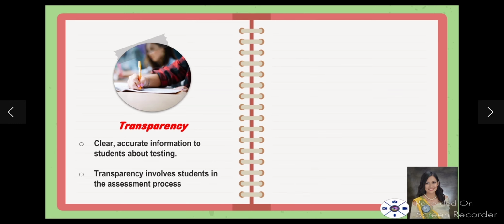We are not just creating a language assessment for nothing. We need to consider those principles to have our assessment reliable and valid.